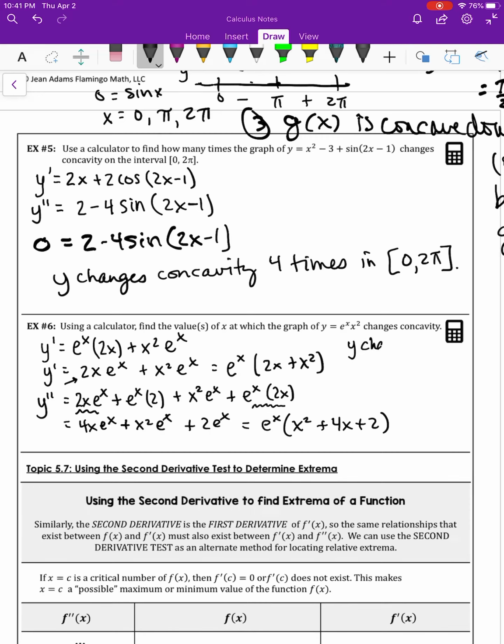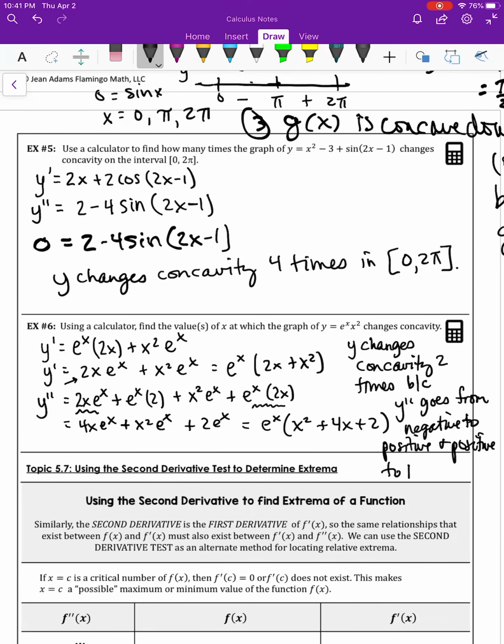So I'm going to say that y changes concavity 2 times because y double prime goes from negative to positive and positive to negative twice.